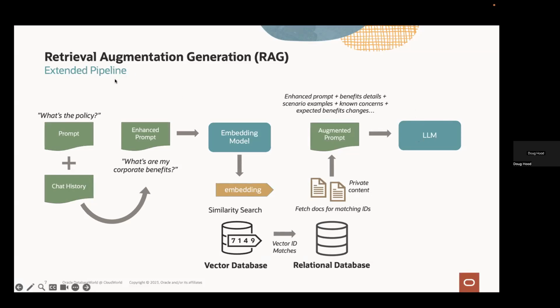This whole thing is called retrieval augmented generation, or RAG, because we're augmenting the large language model with local, secure, private information from your company. So that was RAG. Any questions on that?